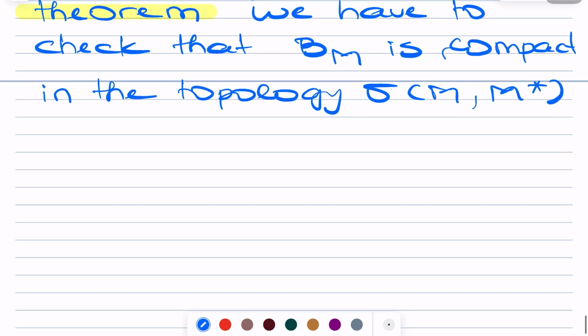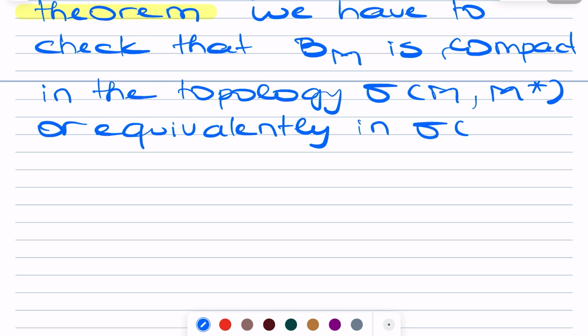Equivalently, we saw that this topology is just the same as the weak topology on E.